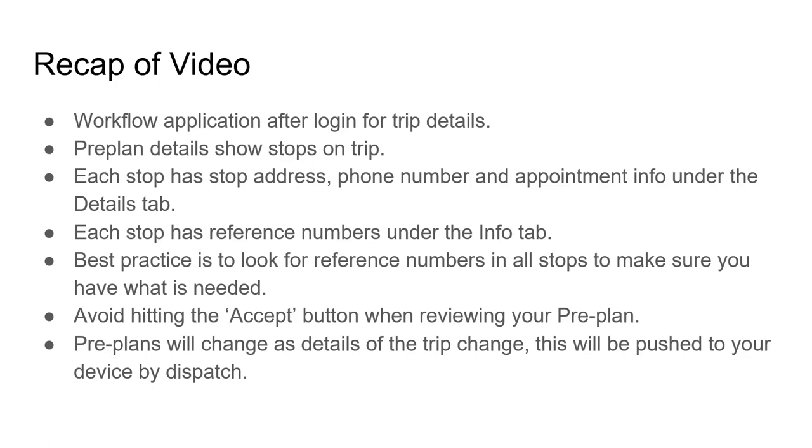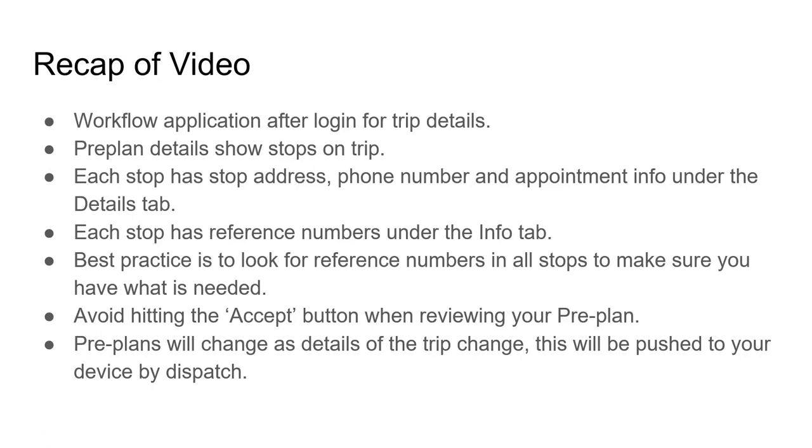Each stop has the address, phone number, and appointment info under the details tab. We highlight each stop on the pre-plan to get those details, and then each stop has reference numbers under the info tab. So we've got to go down multiple layers to get all the information we need.